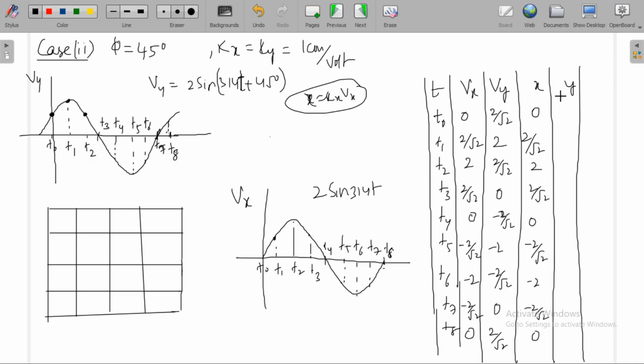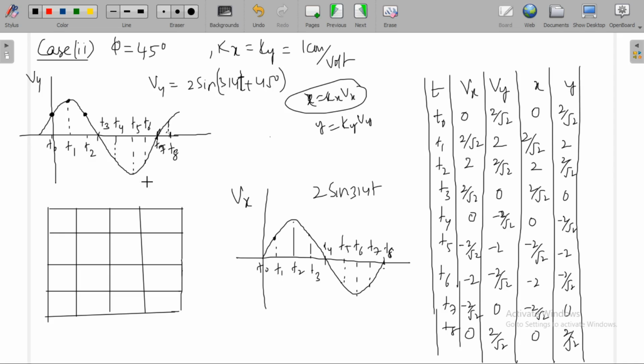Coming to y, y is equal to ky into Vy. Ky is equal to 1 only, right? Then y is 2 by root 2, 2, 2 by root 2, 0, minus 2 by root 2, minus 2, minus 2 by root 2, 0, 2 by root 2.